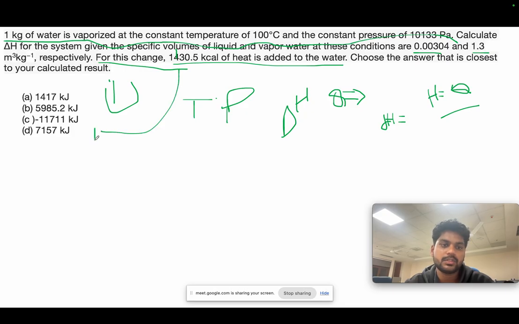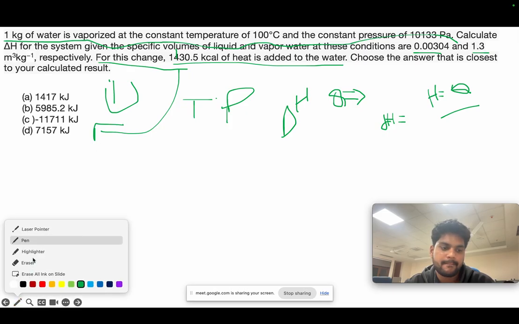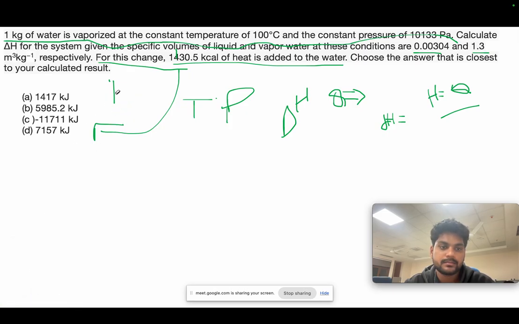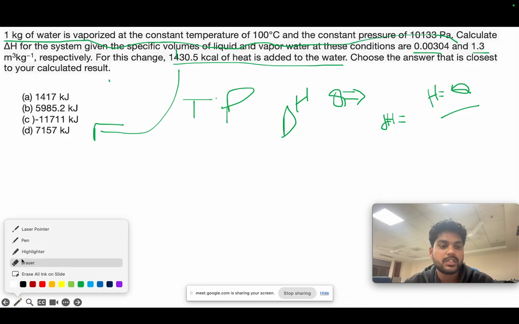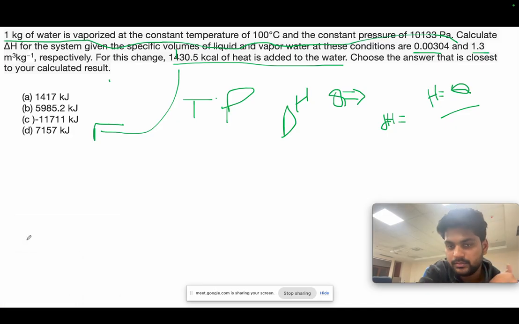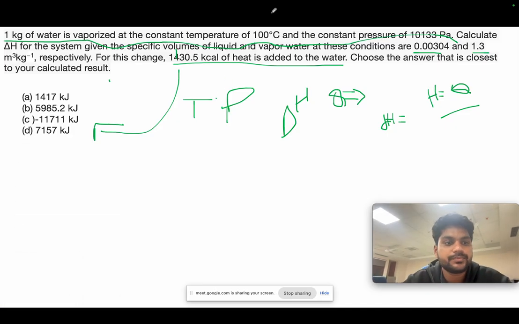Any doubts in this question? So can you explain this? Yeah. Suppose you have taken the system and they are asking for constant temperature and constant pressure.